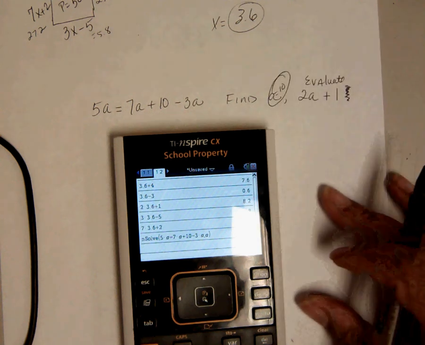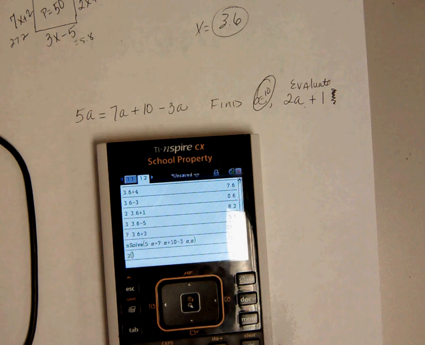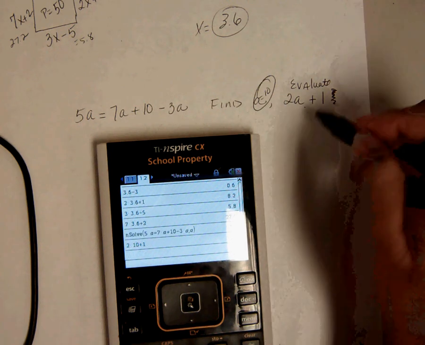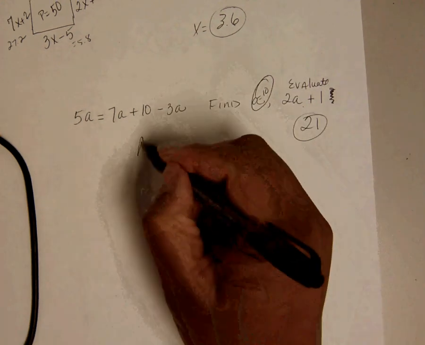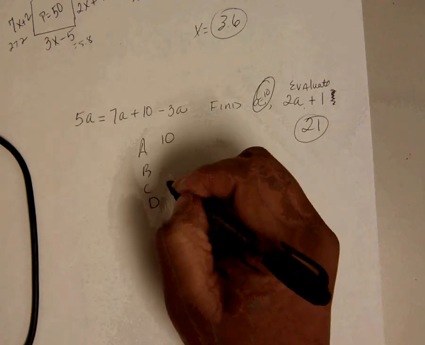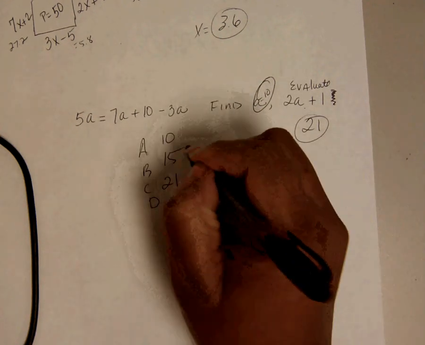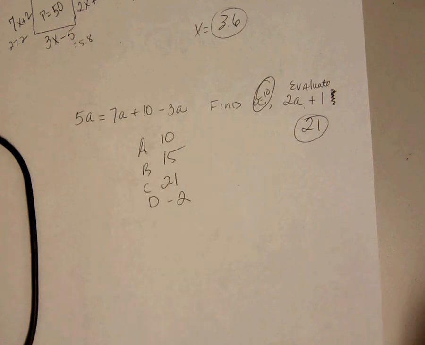So now how do you evaluate this problem? Plug in 10. So 2 times 10 plus 1 equals 21. So if you were given answer choices, A, B, C, D, and 10 is answer A, 21 is answer B, 15, negative 2, what would the answer be for this question?